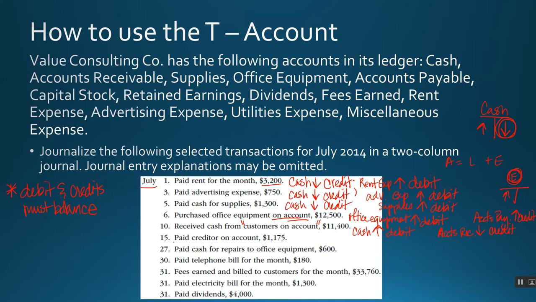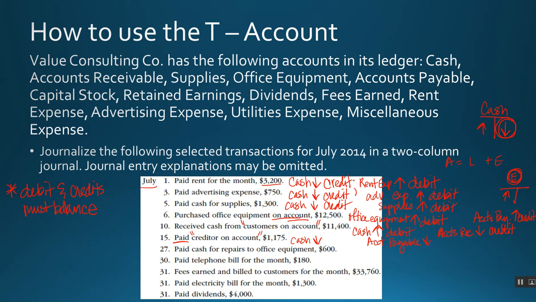Next one, paid creditor. So cash is involved, and we're paying the who on account? The creditor on account. So cash. And what is creditor on accounts? That's accounts payable. So we are paying down some of our debt. So is cash increasing or decreasing in the business? It's decreasing. Is accounts payable increasing or decreasing in the business? It's also decreasing. So they're both decreasing.